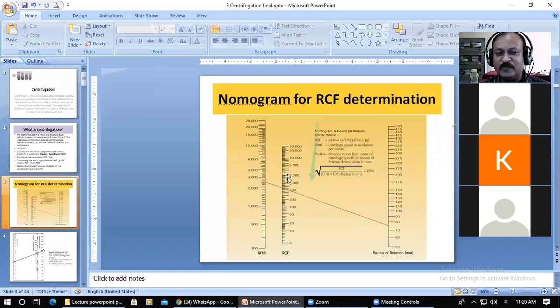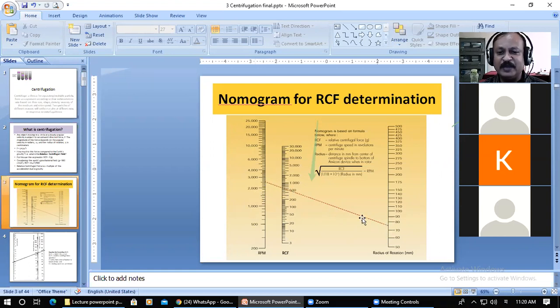Now if you compare this, for example, if the radius of rotation is 75 millimeter here, and then here you have the RPM speed of the centrifuge, that is say 2500 RPM.